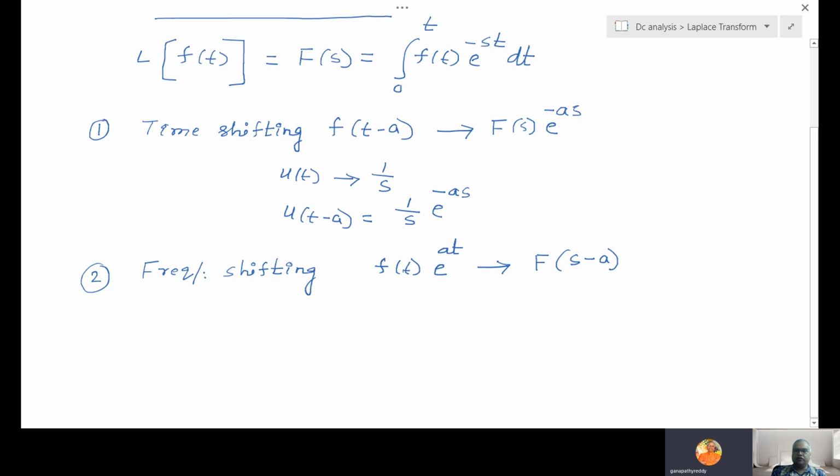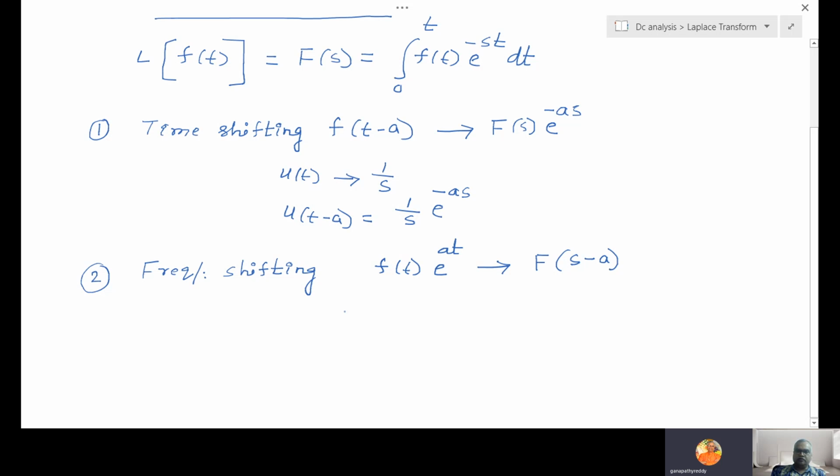So when the time function is multiplied with an exponential, the frequency domain shifts. So that's why it is called frequency shifting. But here e power at, here s minus a. So that is important.